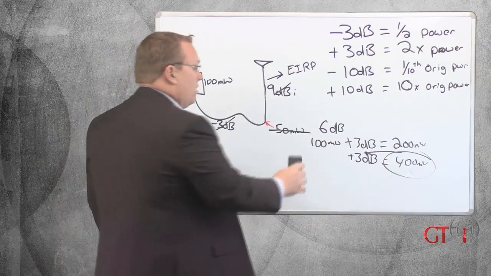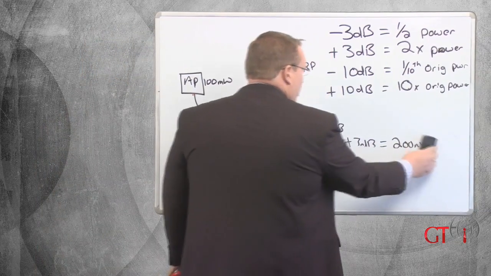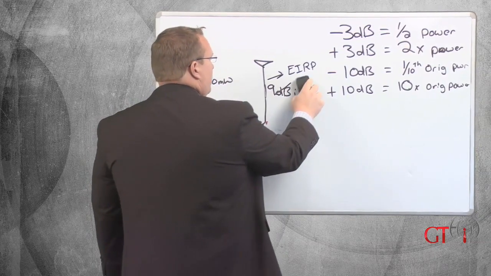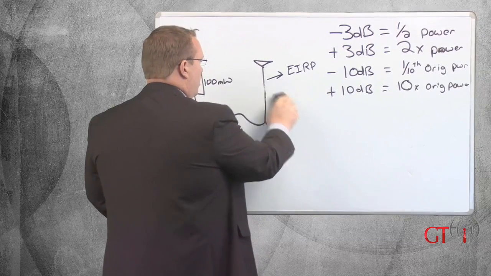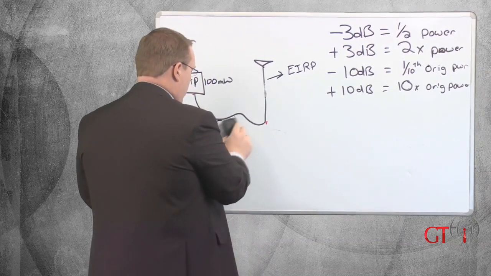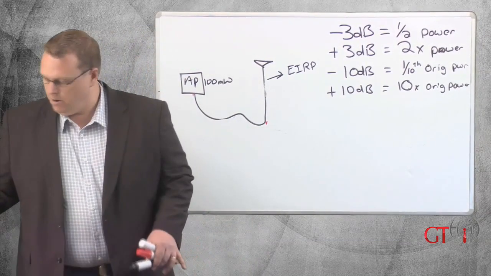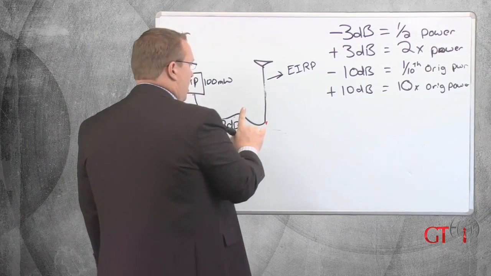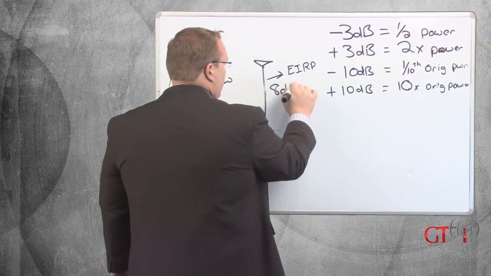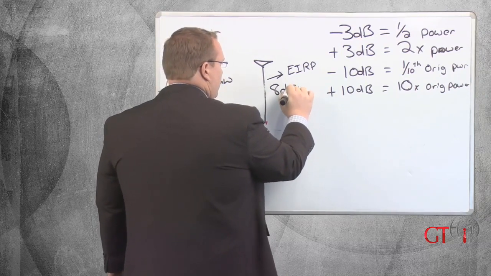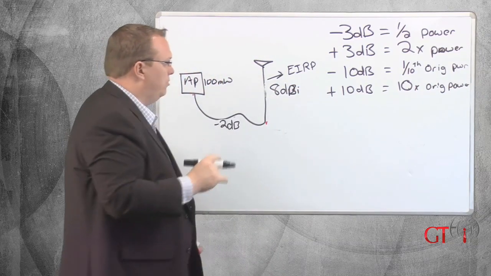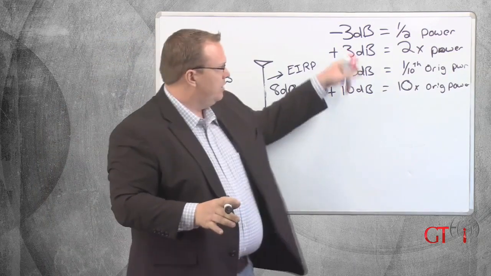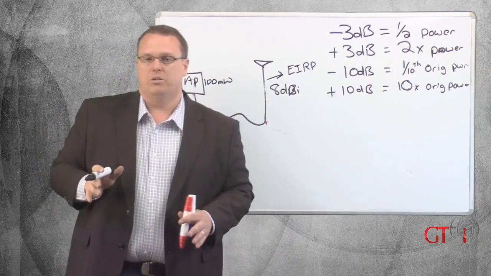Now, there are times when I will throw you a little bit of a wrench here. What if I were to say you have a 2 decibel loss and an 8 dBi antenna? You're probably saying, okay, this is a little scary looking. How do I get 2 or 8 when I'm dealing with 10s and 3s?